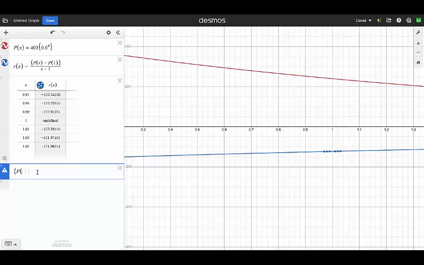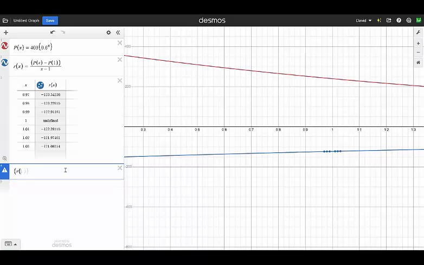P of 0.99 plus P of 1.01, all divided by 2. I'm sorry, not P. That would be the average of P. We want R. Excuse me, I used the wrong one. That's why I do these live, so you can see mistakes.